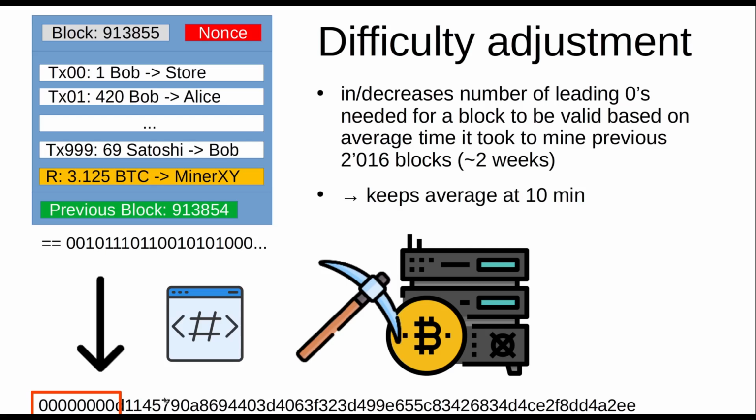And so by increasing or decreasing the number of zeros that are required for a valid block, the network can keep the average at 10 minutes per block. Because if new computers come online, it will just become harder to mine a new block. And so even if more guesses are made per second, if it's harder to guess the right number, the average will become 10 minutes again.